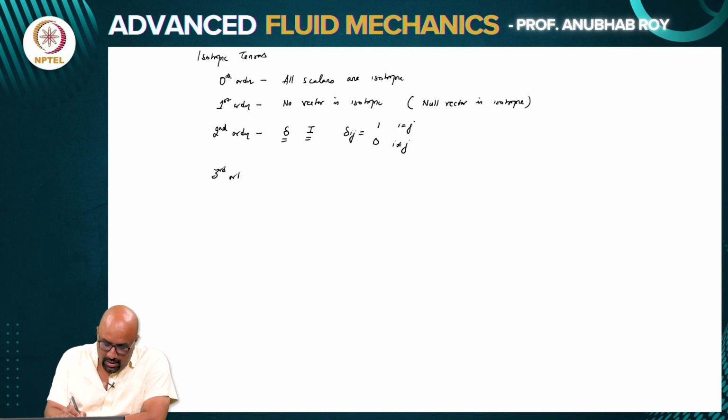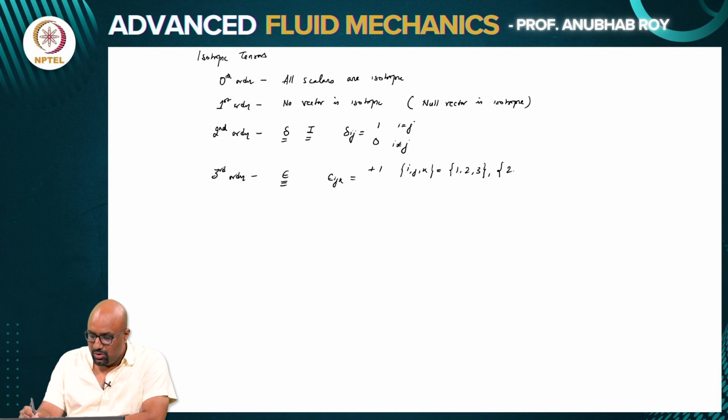When we move to third order, then I have the permutation symbol, which is also known as the Levi-Civita symbol or Levi-Civita tensor. The permutation symbol has 3 indices i, j and k. It picks up a +1 value if i, j, k took all cyclic values, which is to say that values like 1, 2, 3, then 2, 3, 1 or 3, 1, 2.